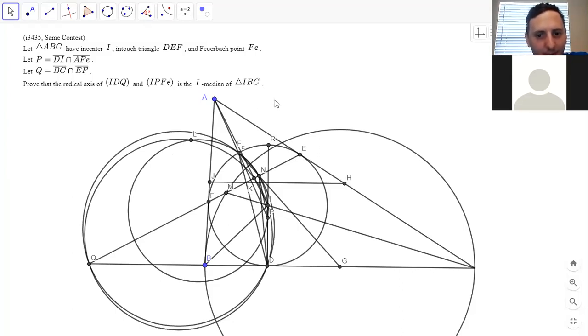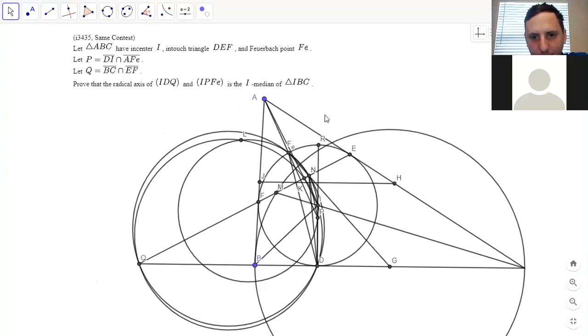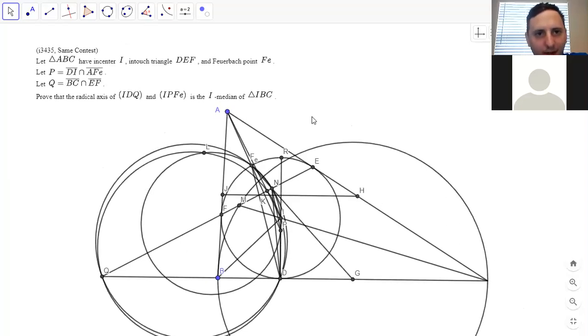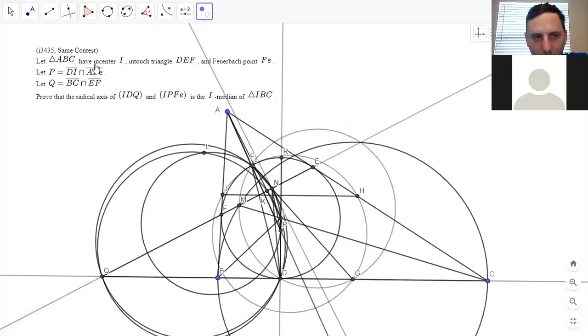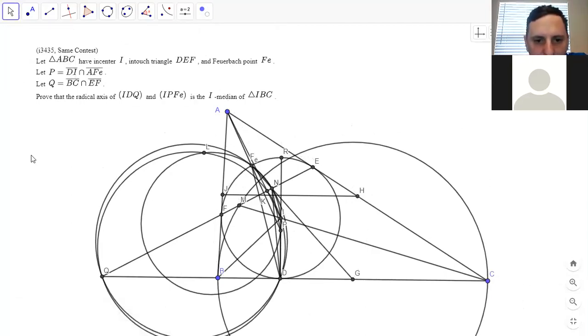I could write out the steps we've done so far. Oops. Oh, point C vanished. So yeah, we know this circle gets fixed under the inversion.